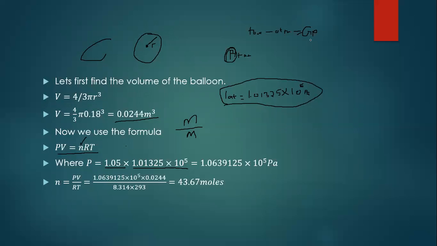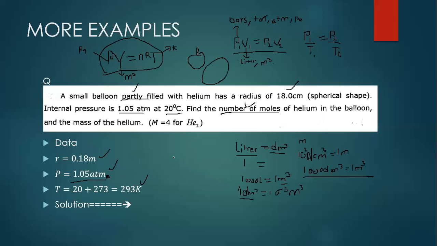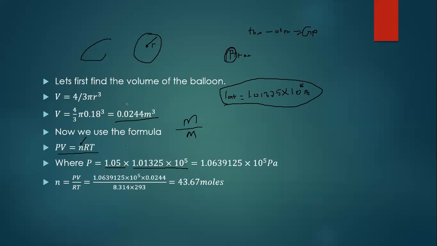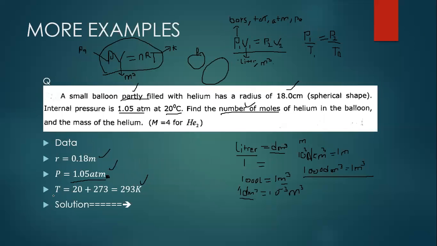All right? But here, we don't need to bother ourselves whether it's gauge pressure or not, because here we just need to calculate. They have given us the pressure here, and we know the volume, which we have just calculated. We know the temperature. Temperature was given.